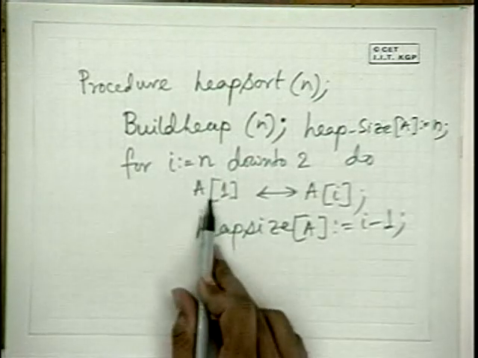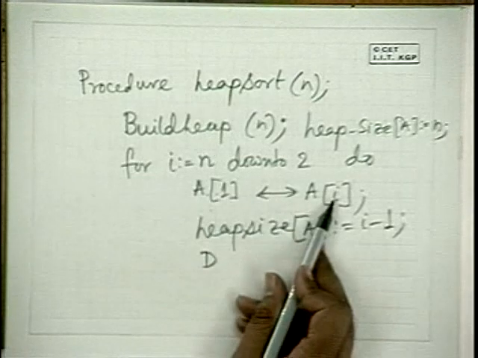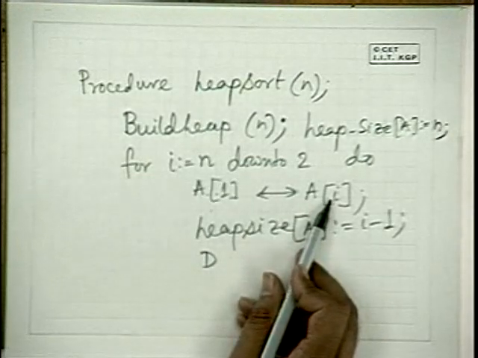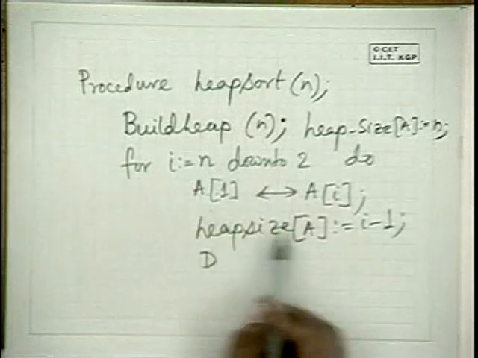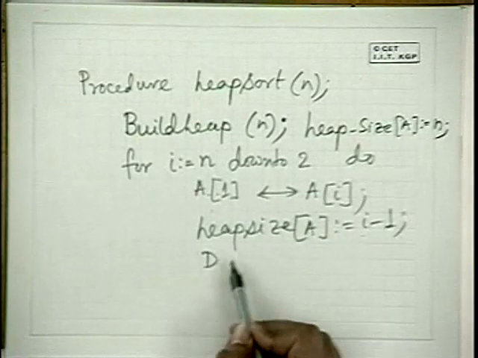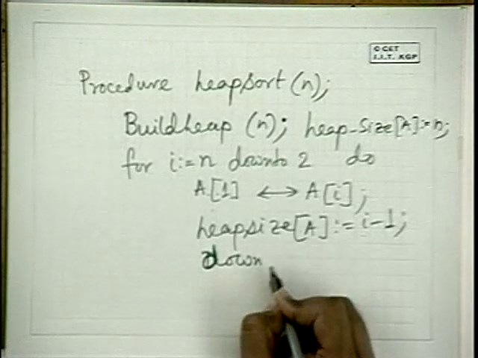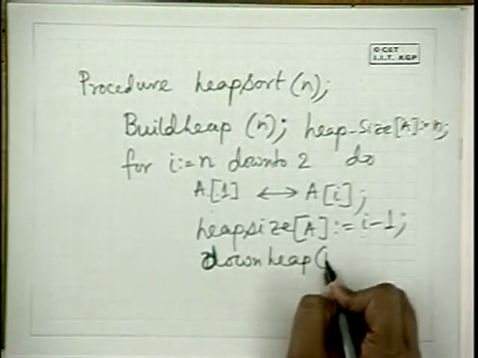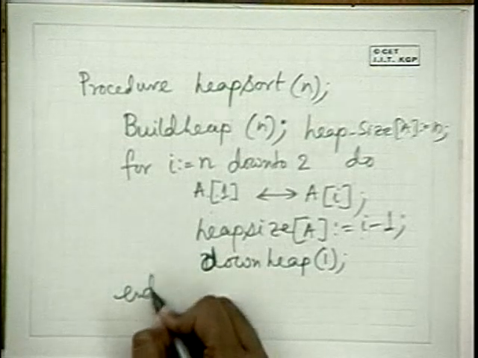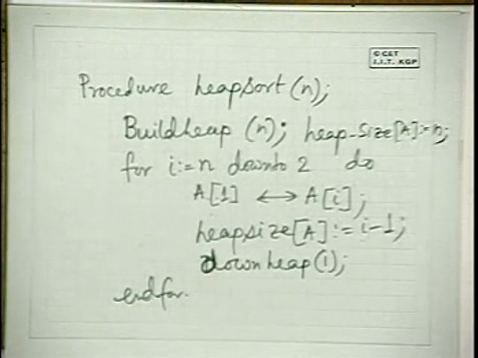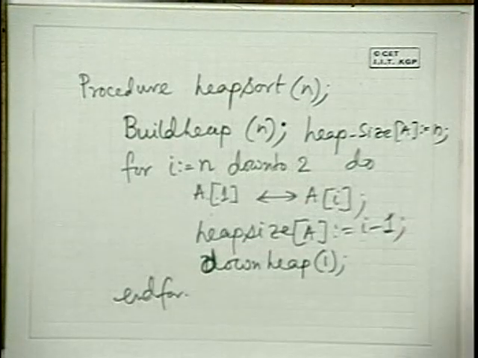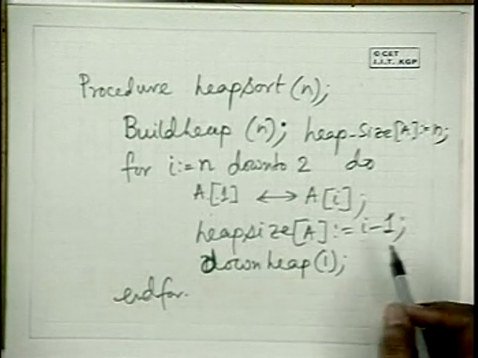What I have done is I just exchange A[1] with the last element. Actually, i is keeping track of what the last element is. Exchange it, heap size you decrease, and then what should you do? Down heap 1, n. No, the heap size should go on decreasing, i minus 1. The variable i, which is fine.